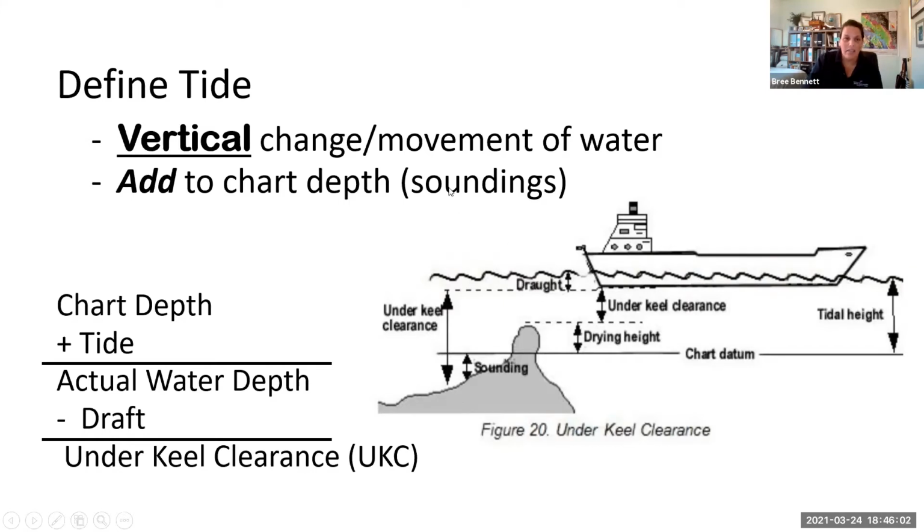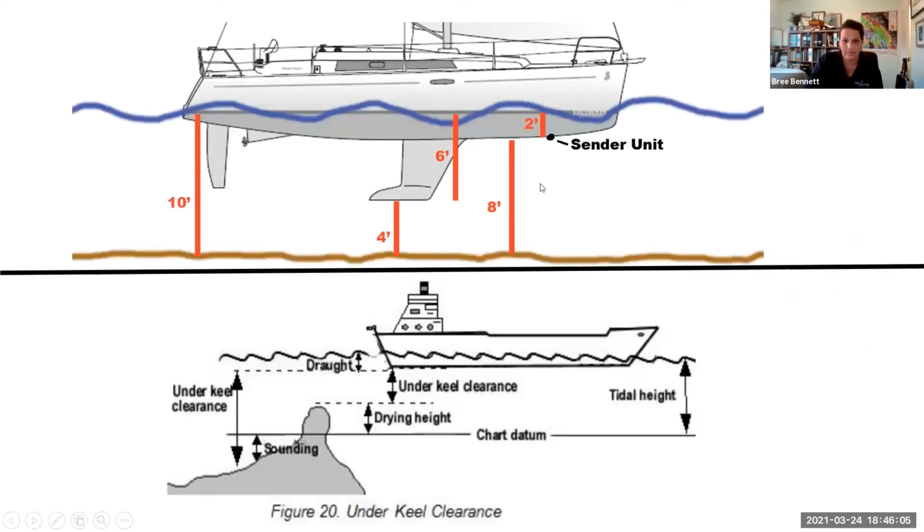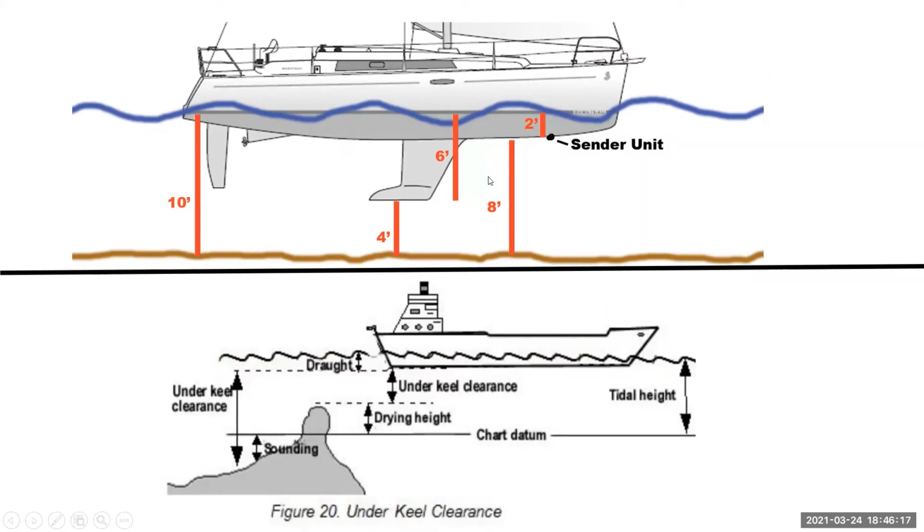Let's keep going here. Okay, another figure of our draft and underkeel clearance description. Sometimes, if you're on a sailboat, the keel is going to have a deeper draft than possibly the unit that is measuring your depth under your keel.